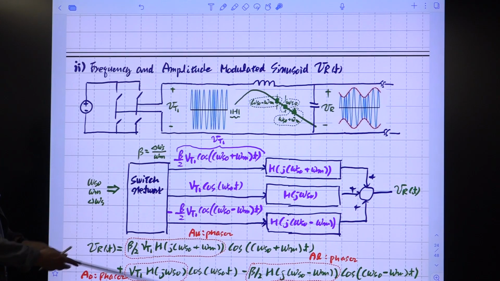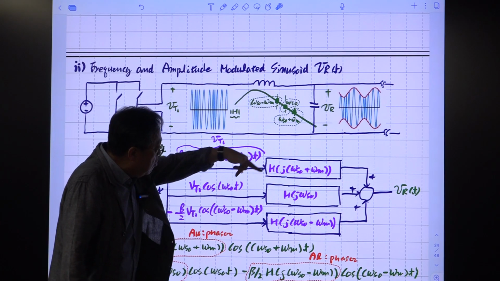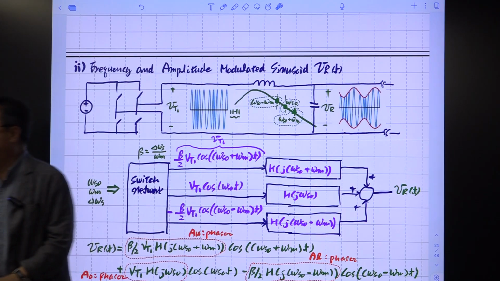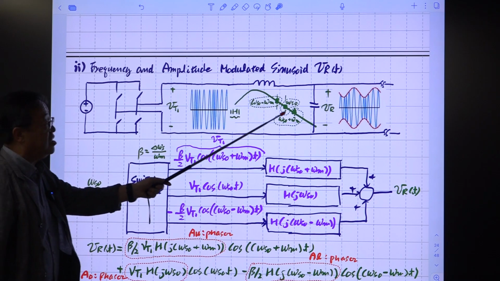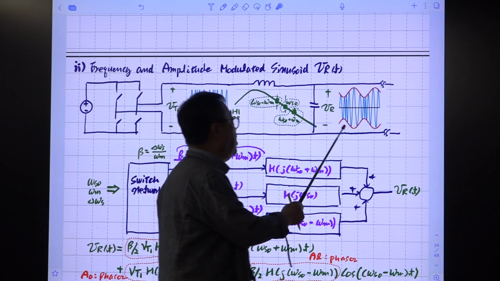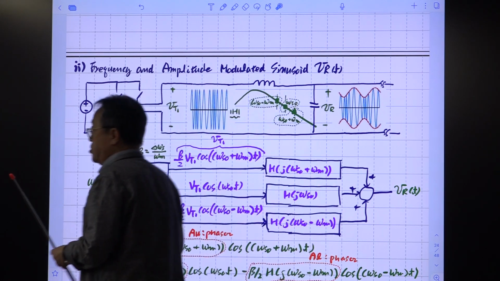We multiply them together and take the summation, which is the VRT expression. So VT1 is the input to this tank transfer function, and VRT is the output of the tank transfer function.